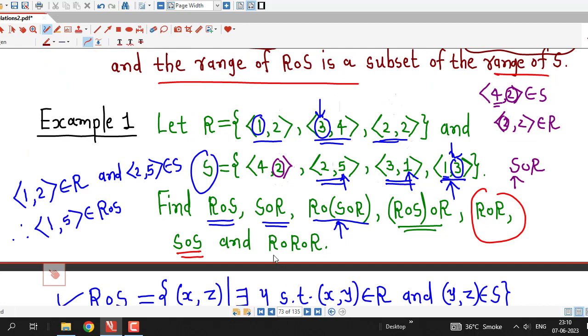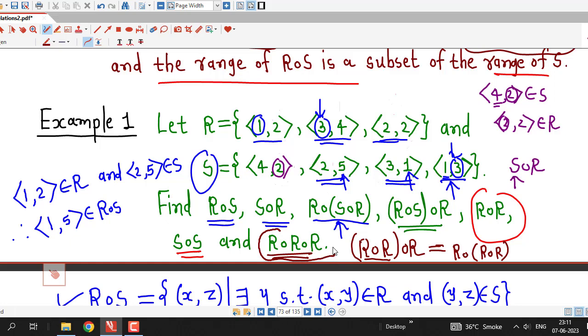And the last one is R composite R composite R. We can rewrite it with brackets in either position. Keep in mind that composition of relations is always associative. Therefore either grouping gives equal results.